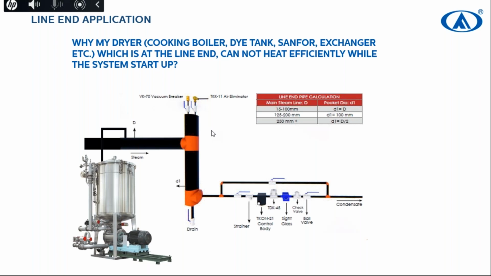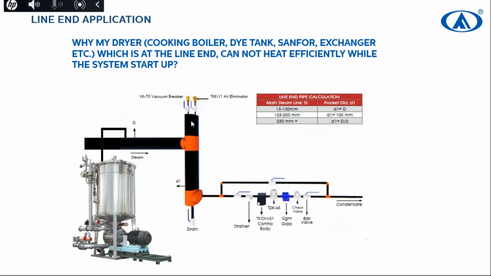In many applications, you can easily see gasket leakage, with that noise. It's because your system doesn't have any vacuum breaker. All this air comes into the system from your gaskets, and it will damage your gaskets.